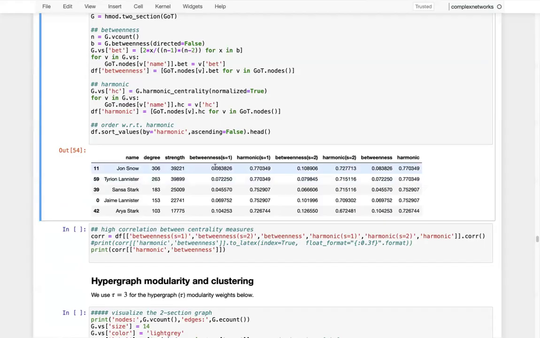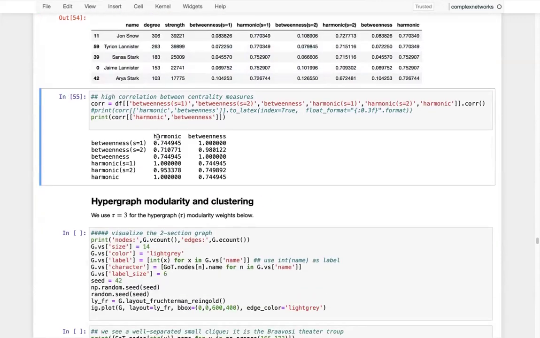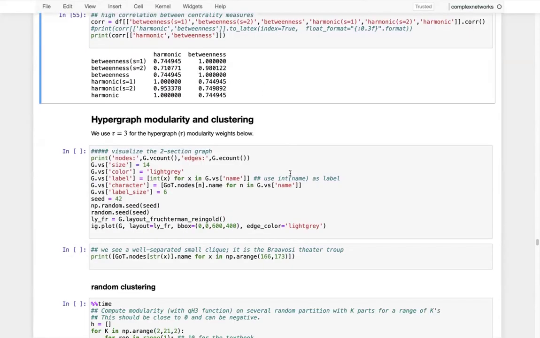There are different definitions, so values can be normalized in different ways, but using the same normalization, we get exactly the same values for betweenness on the two-section graph and s-betweenness with s equal 1, and the same for harmonic centrality. If we compute correlation, for example for harmonic centrality, when s equal 1 we have perfect correlation, and even when s equal 2 we have pretty high correlation, and the same for betweenness.